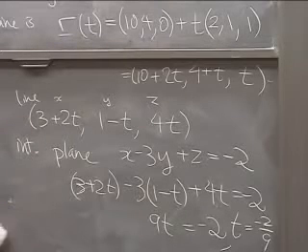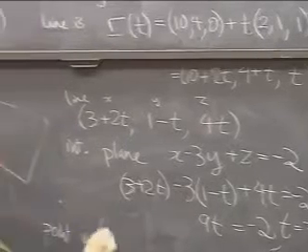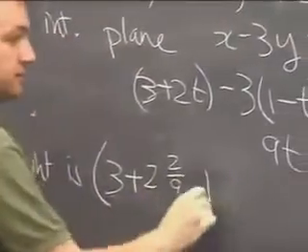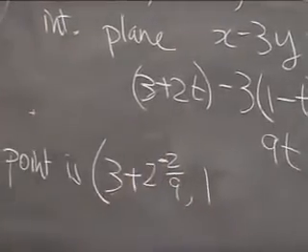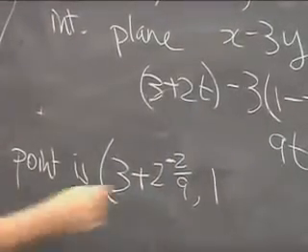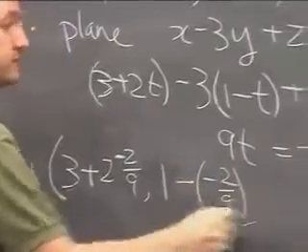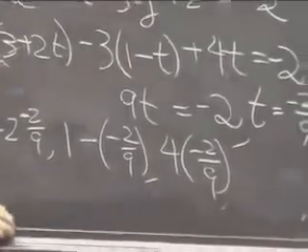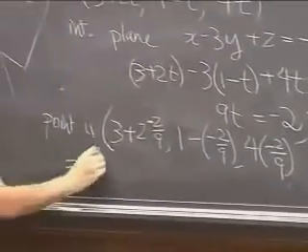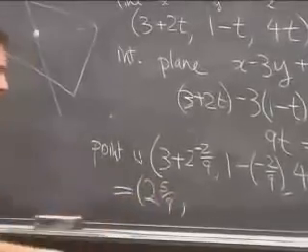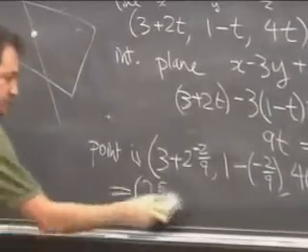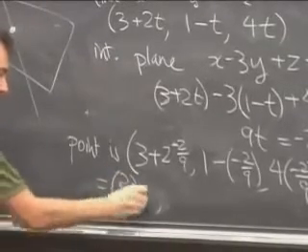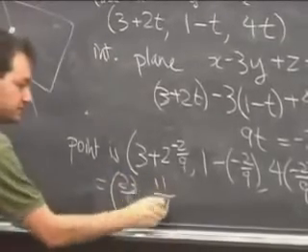So the point is 3 plus 2 times negative 2/9, 1 minus negative 2/9, and 4 times negative 2/9. It is 23/9, 11/9, minus 8/9.